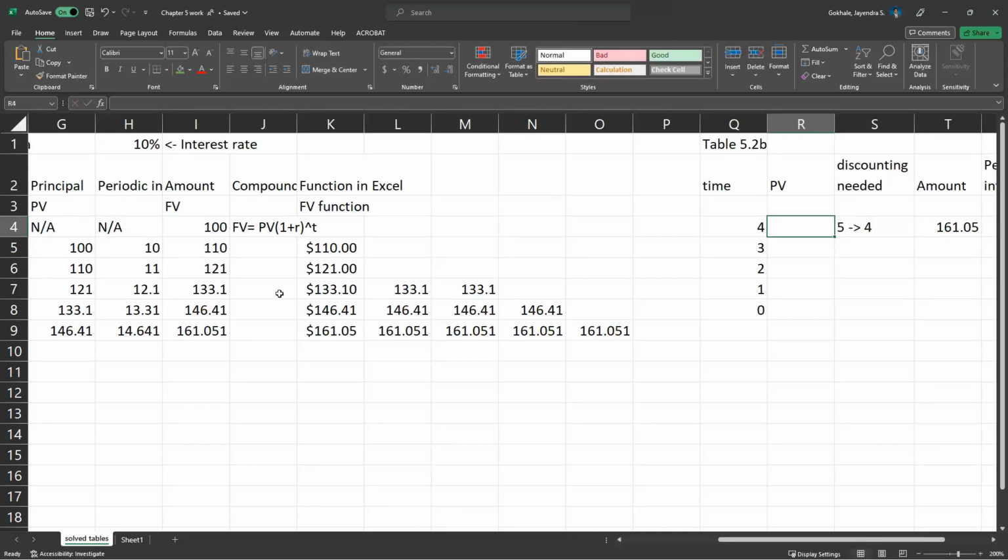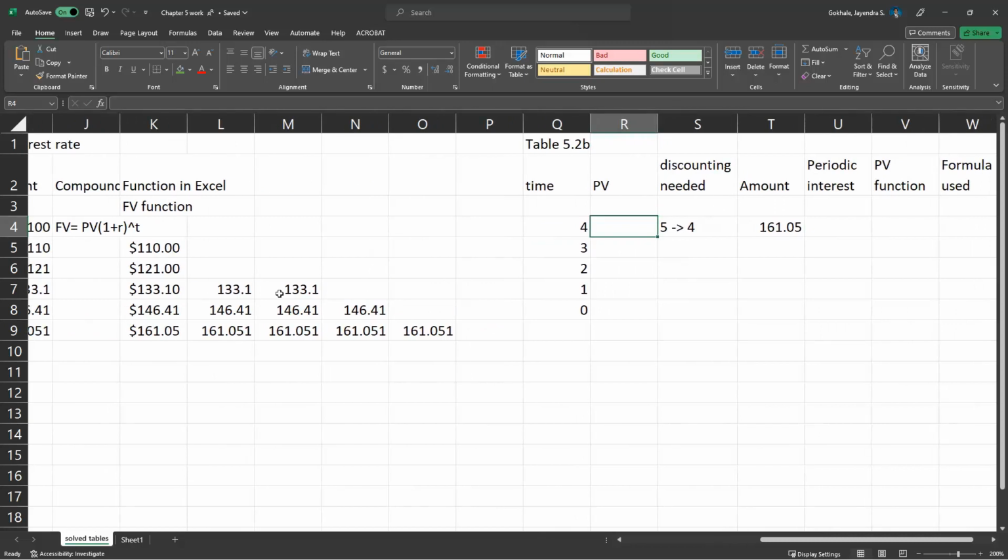How do you do that? Two ways. Let's use the first principles which we saw in tables. This divided by parenthesis 1 plus $S$1, that's the rate of interest, to the power of one period.